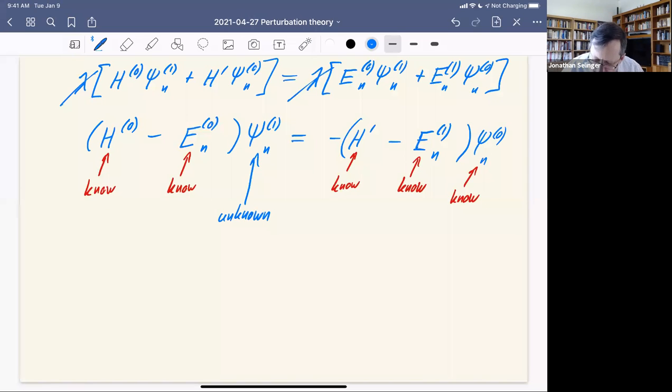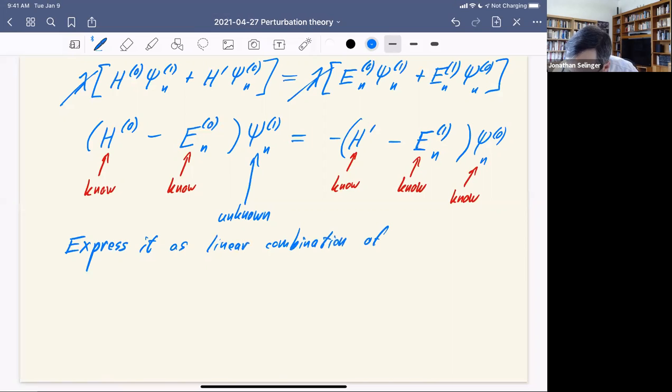So this unknown thing, whatever it is, we can express it as a linear combination of the unperturbed psi n states.